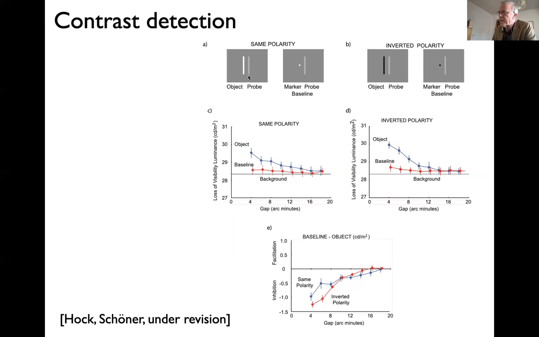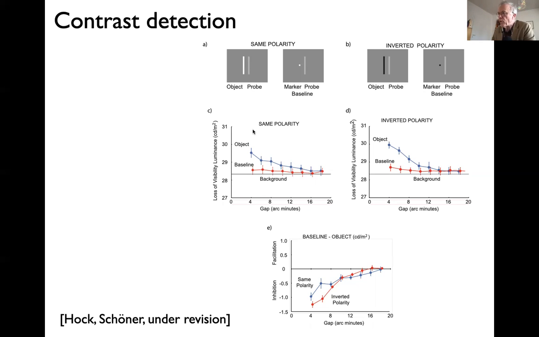Your task is to detect this kind of object, and in the study we're coming from, we're looking at the influence of a nearby brighter object. If you have a bright object here, it suppresses that probe, and you will need more contrast at this probe to see it.